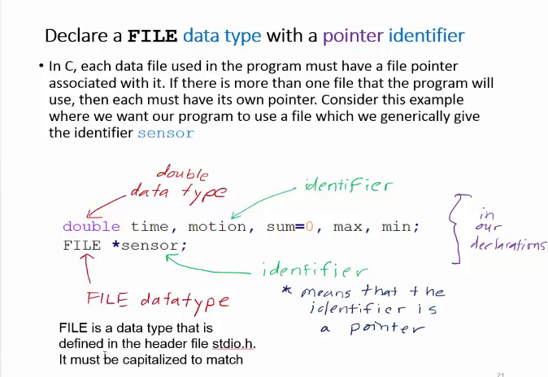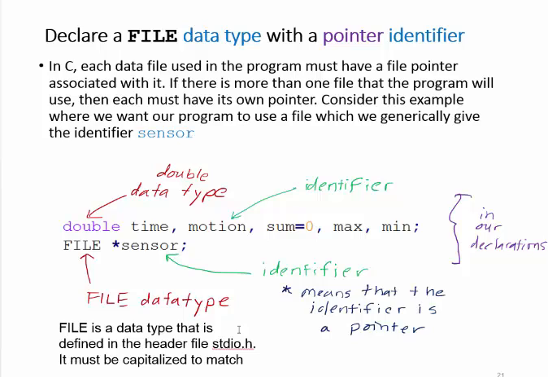When you make this declaration for a file data type, you have to use the capital word FILE. That is because in the standard I/O header file, that's how it's defined. So it must be capitalized, and it must be the word FILE for that declaration, as opposed to when we declare our ints, doubles, floats, whatever we're declaring, which are lowercase.